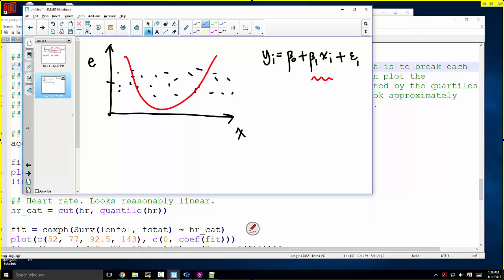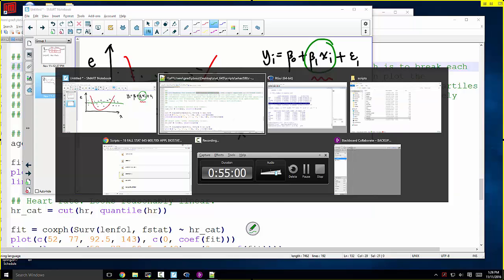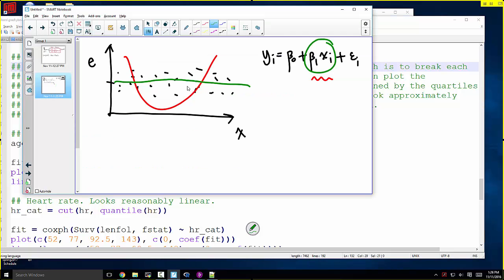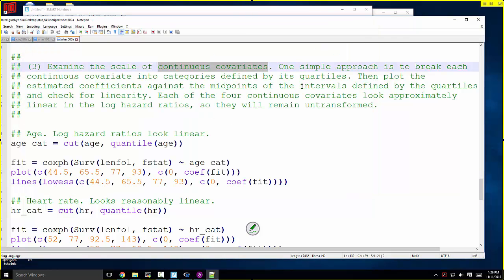Any kind of systematic deviation from the horizontal zero line is indicative of we didn't get the functional form right. So we're going to try to do something similar here. Again, it's a little bit harder because I can't make pictures like this as easily. But here's what we're going to do. This was recommended by the authors in that book.